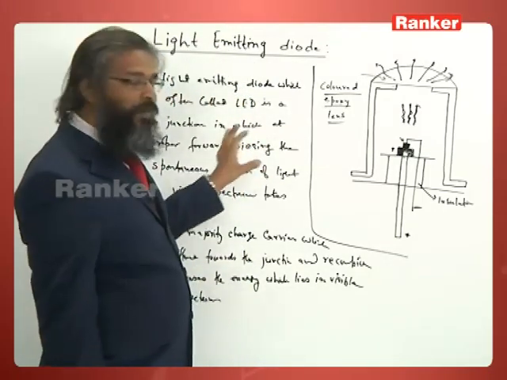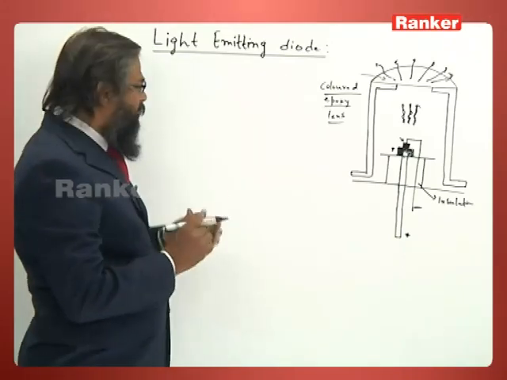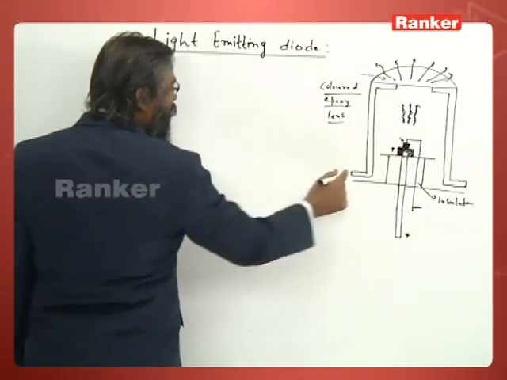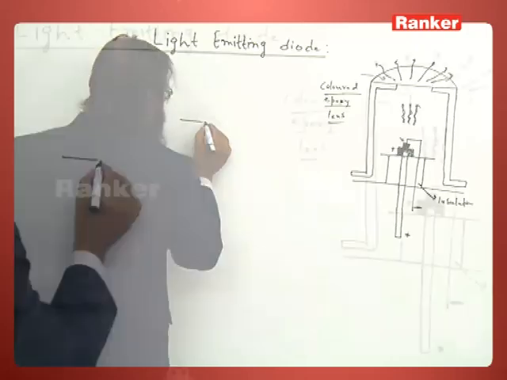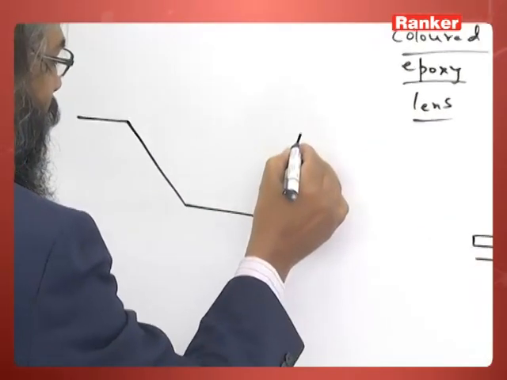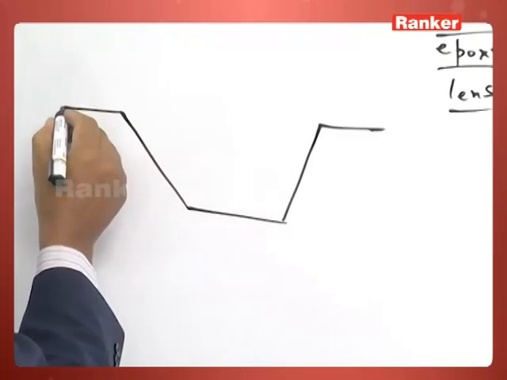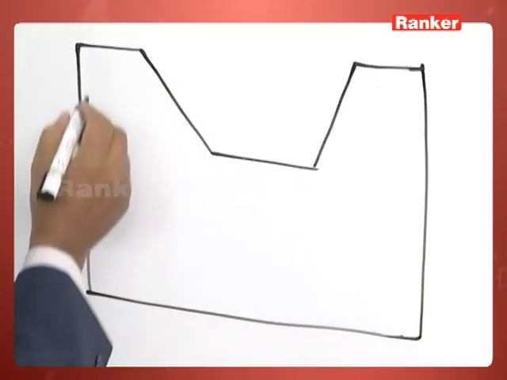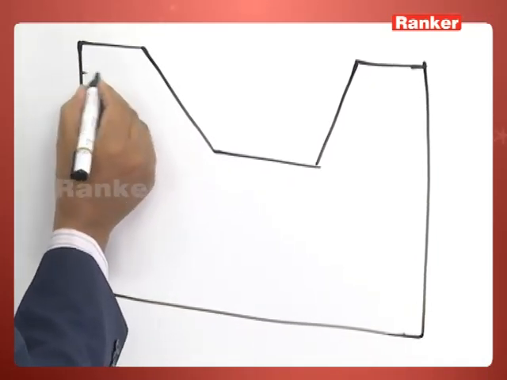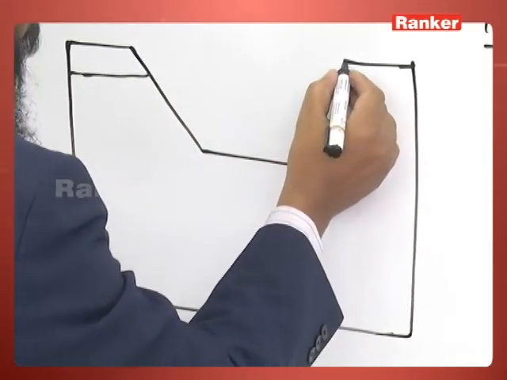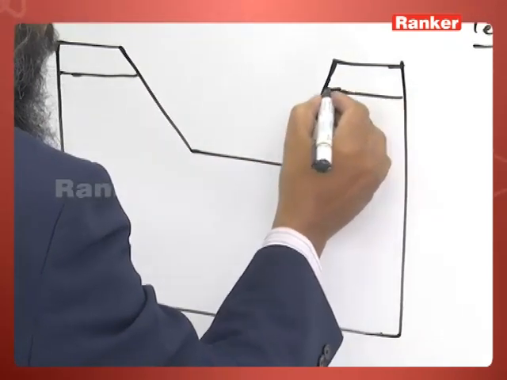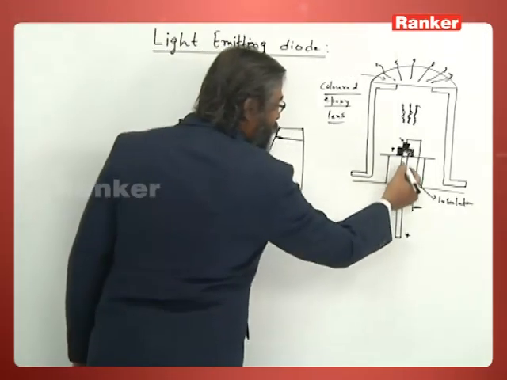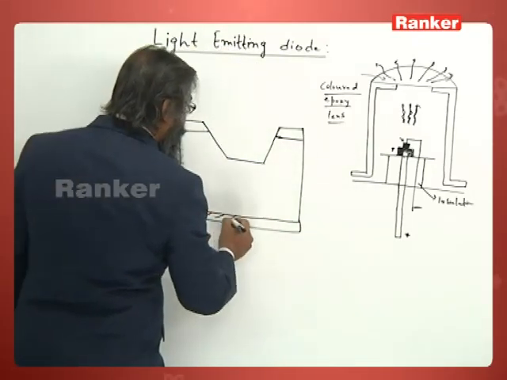Let us see its working diagram. Concentrate on this point, this is of our interest, not this whole bulk. Now you see this is N type, and this is the metallized contact. Shade it.